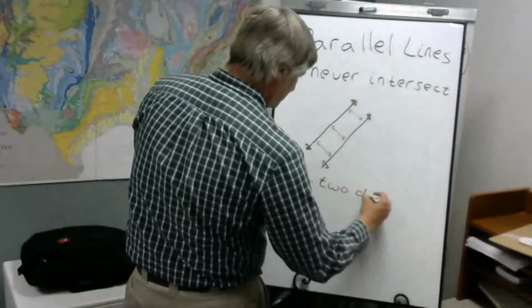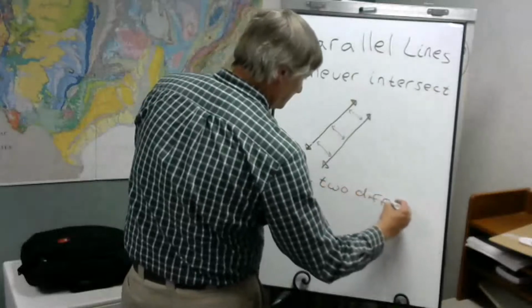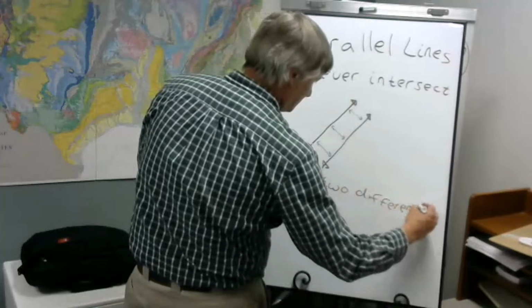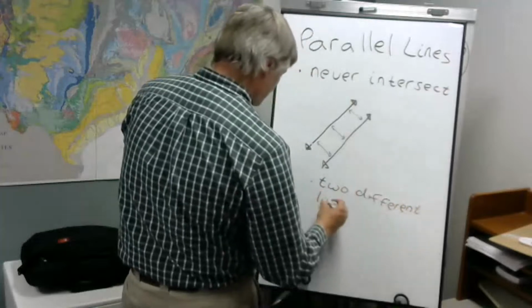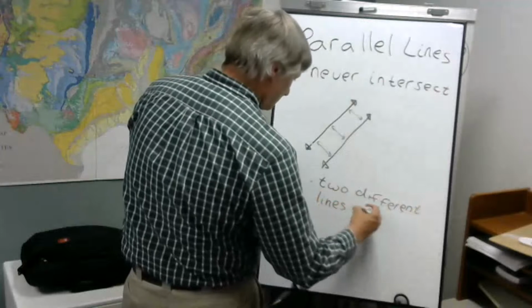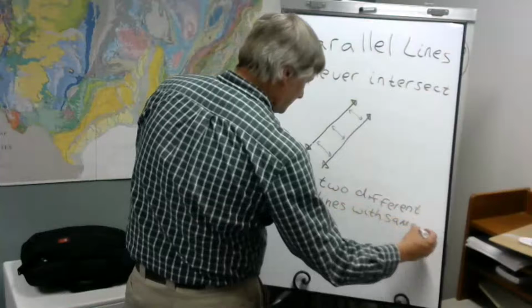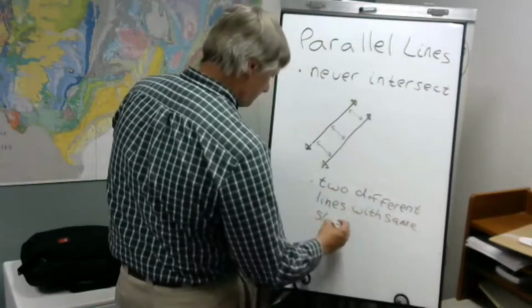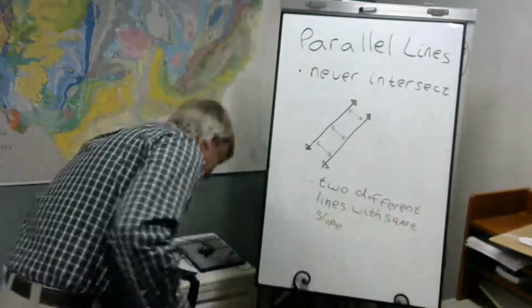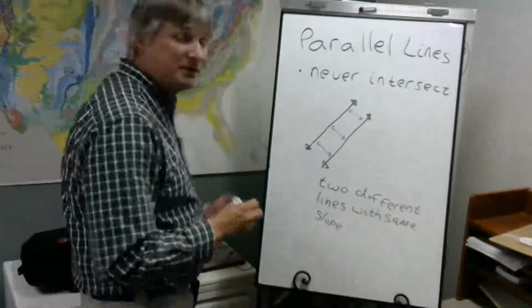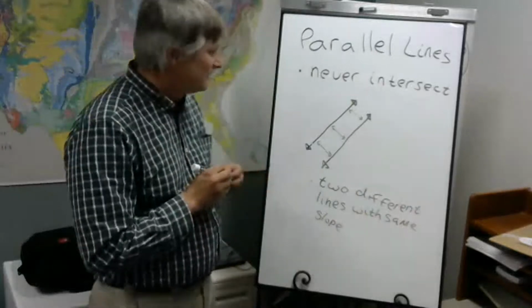Two different lines with the same slope. There are two different lines with the same slope.